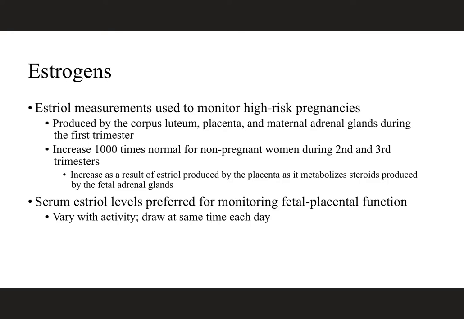That could be anything from diabetic pregnancies, intrauterine growth retardation, preeclampsia, Down syndrome, etc. That's where estriol ties in here. If you're going to a doctor to have this checked, you'll want to try and draw it at the same time each day because it goes up and down. If you remember, our hormones have a certain biological schedule, so to speak.